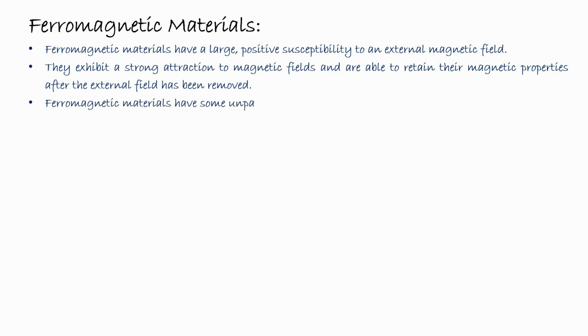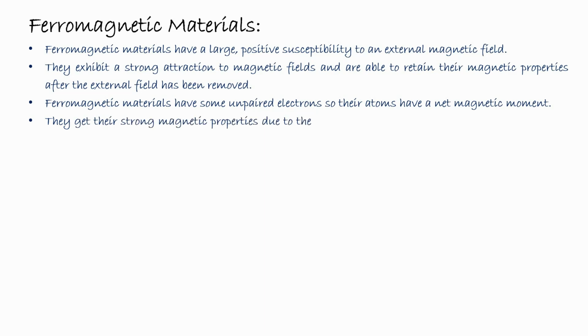The ferromagnetic materials have some unpaired electrons, so their atoms have a net magnetic moment. That means this material always has some unpaired electrons, so it always has a tendency for magnetism.